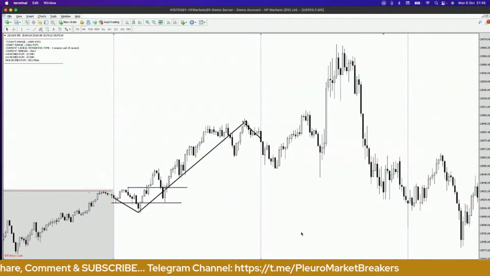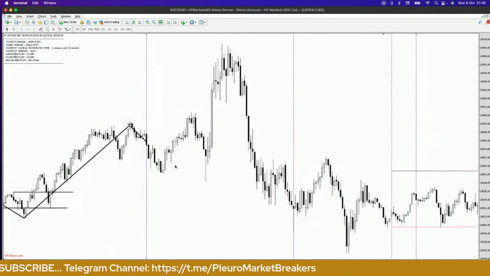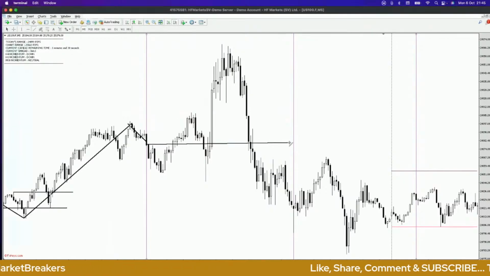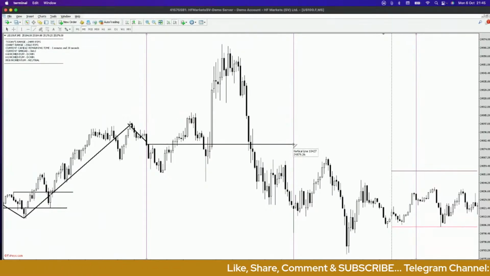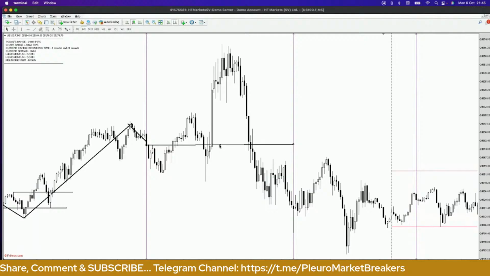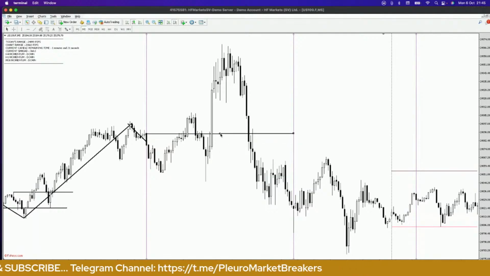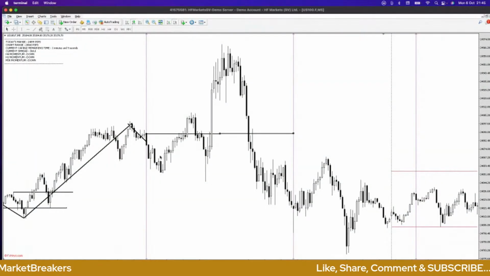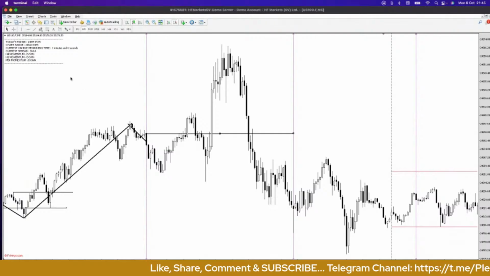Then New York starts. So again, you draw a line across. I forgot to do that this time. The open. So that's where, no, it opened here. It opened here and then came down. Cool. So what are you looking for? Well, you're looking for a low to be swept, right?